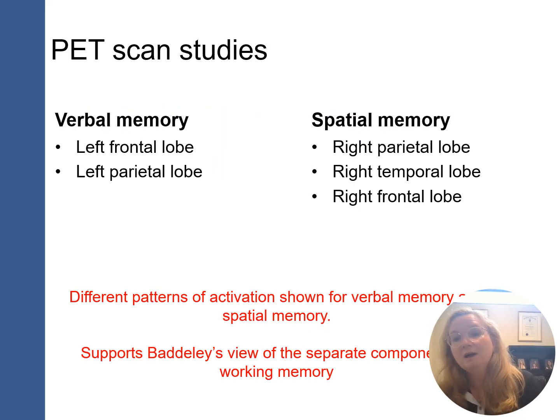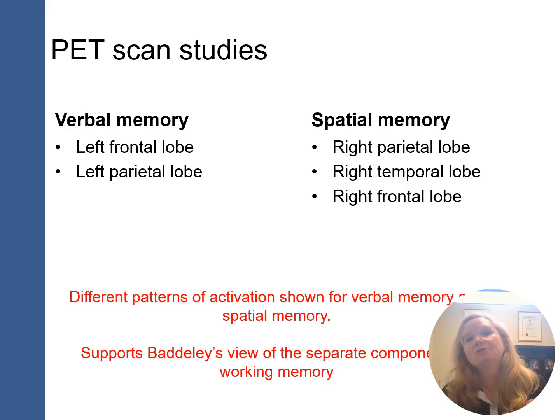And we know from other neurological work, for example PET scan studies, that if you are looking at different patterns of activation for different memory tasks, then it suggests that there's some localization of function. And it does support Baddeley's view of separate components of working memory.